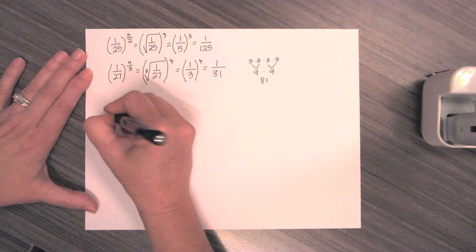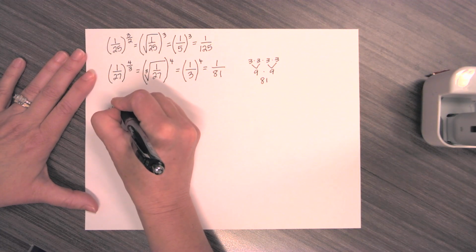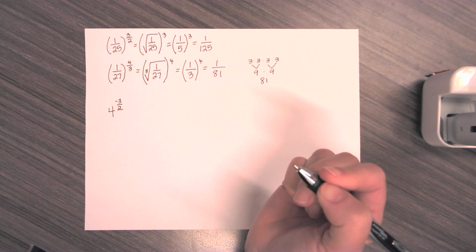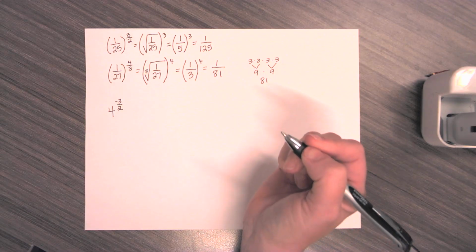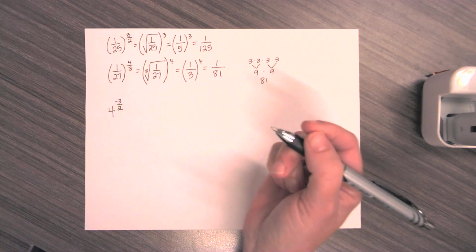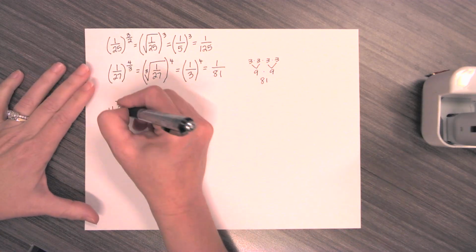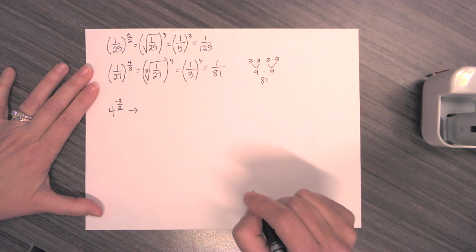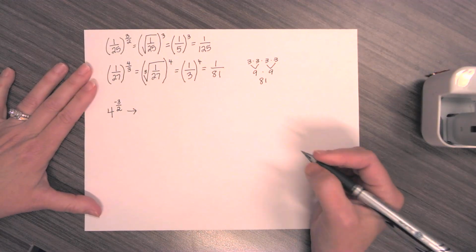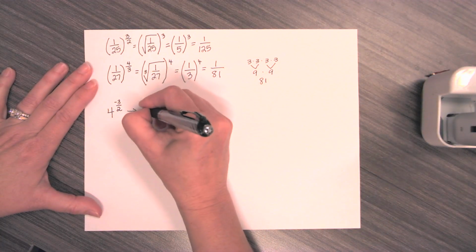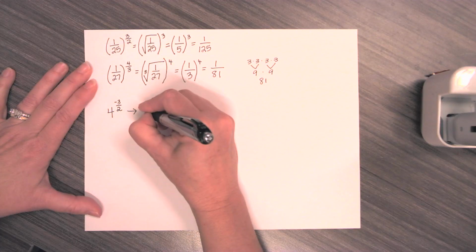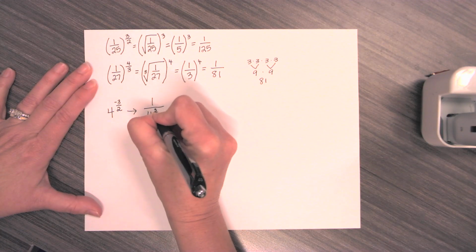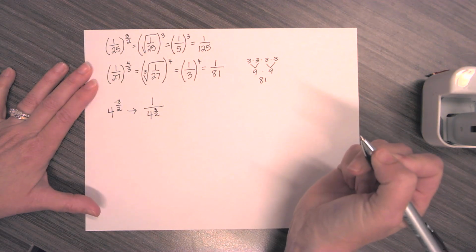Okay. Now, what if we have a negative fraction exponent. Okay, there's two ways we can handle this, so I want to show you both ways. The first way, some of you may say, well, we can't have a negative exponent, so I want to fix that first, and that's fine. You can fix that first if you want to, and we would fix that by moving this to the bottom of the fraction, and by moving it to the bottom, that exponent would become positive.